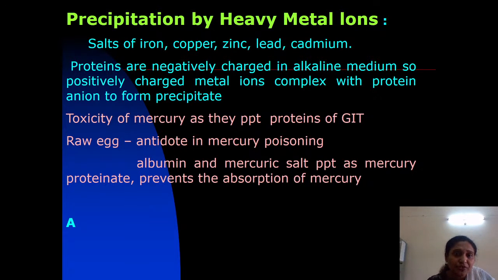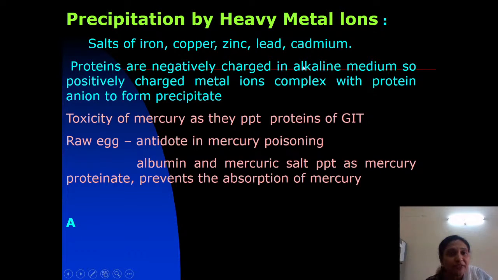How are proteins precipitated in the presence of these heavy metals? Proteins are negatively charged in alkaline medium. The presence of these heavy metal ions makes the medium alkaline.